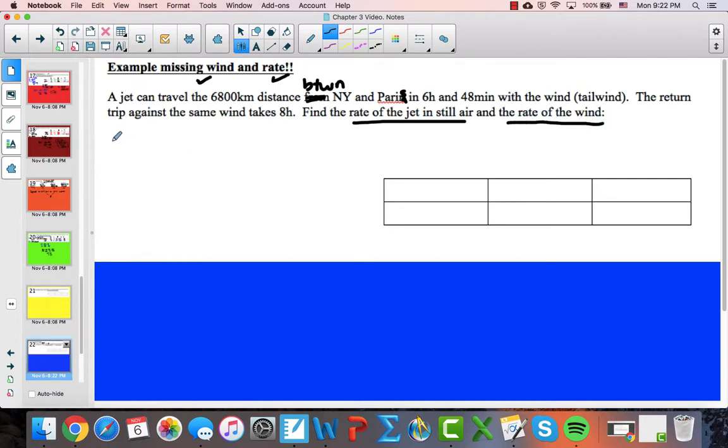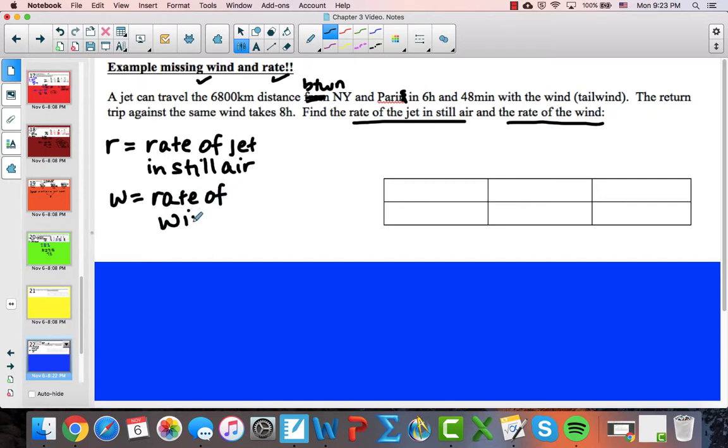So my unknowns in this case are R, the rate of the jet in still air, and the rate of the wind that's either helping or hurting me. All right, so in this case I'm going to put with the wind and against.